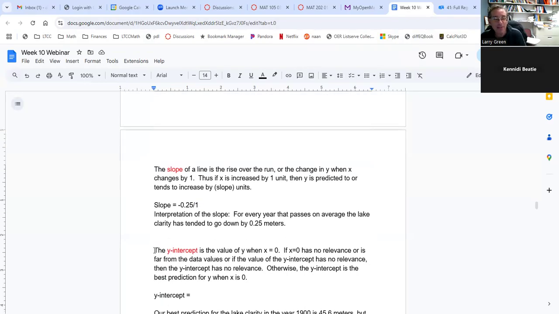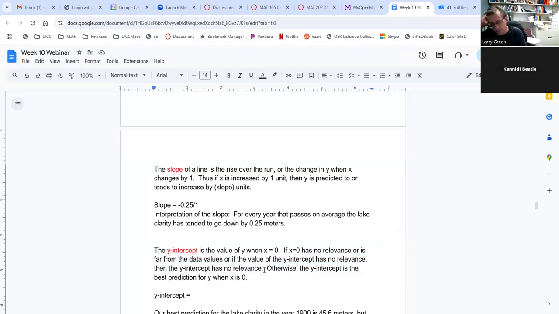Now a little bit of math. The y-intercept is the value of y when x equals 0. Do you remember that from math a long time ago? Okay. So now we need to try to understand this. If x equals 0 is far from the data values, then the y-intercept has no relevance.